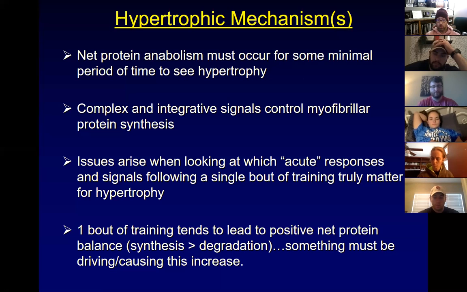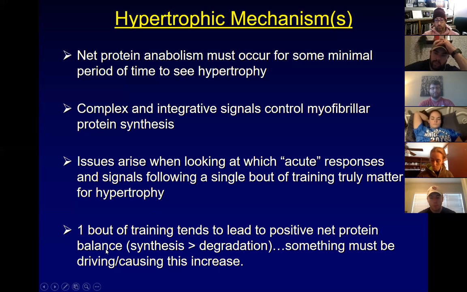We can measure all of those things, okay? But we see a disconnect at times between the magnitude of the acute response and the acute signal, and what we see if we do training for a much, much longer period of time, okay?